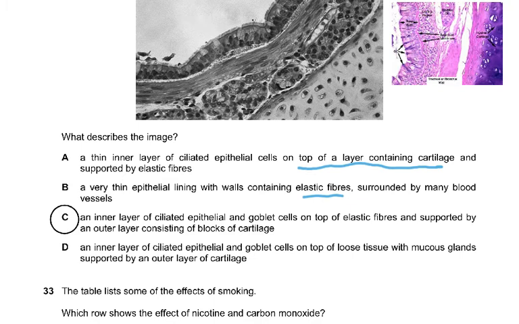An inner layer of ciliated epithelial and goblet cells on top of elastic fibers is supported by an outer layer consisting of blocks of cartilage. An inner layer of ciliated epithelium and goblet cells on top of loose tissue with mucus glands supported by an outer layer of cartilage. Now, the gas exchange chapter needs to be revised if you really want to understand this MCQ and understand why C is the answer.